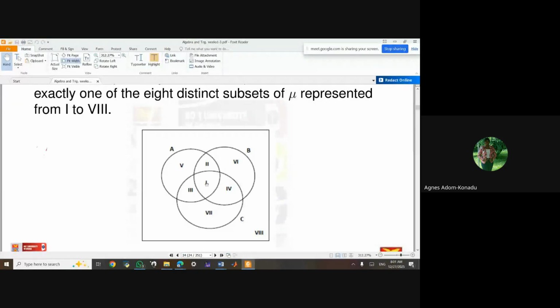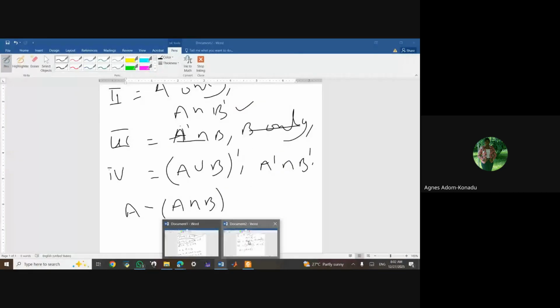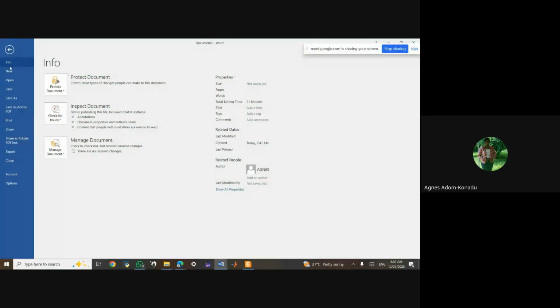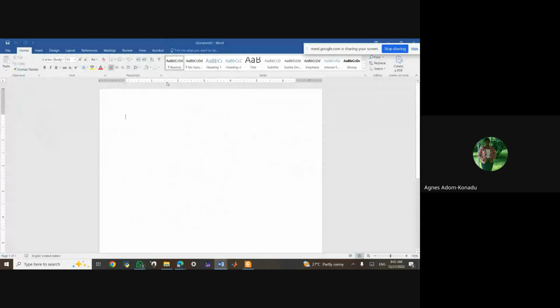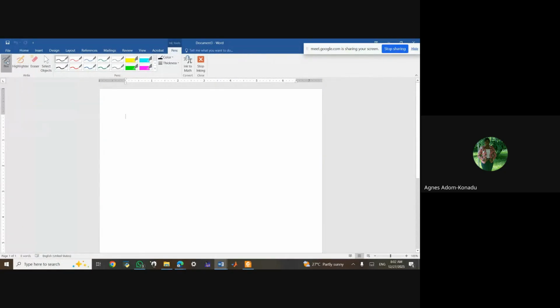We have I, V, and VIII. Let's see if we can solve this. I'm writing, so please take your time and answer the question correctly. Let's do the first four, then we'll continue.